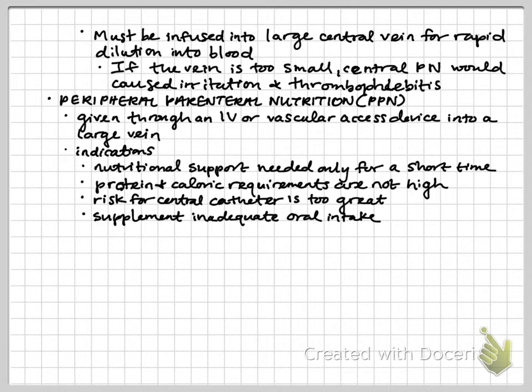Let's look at the differences between central and peripheral parenteral nutrition. And I'm just going to abbreviate it as central parenteral nutrition and peripheral parenteral nutrition. In peripheral parenteral nutrition, there are fewer nutrients.